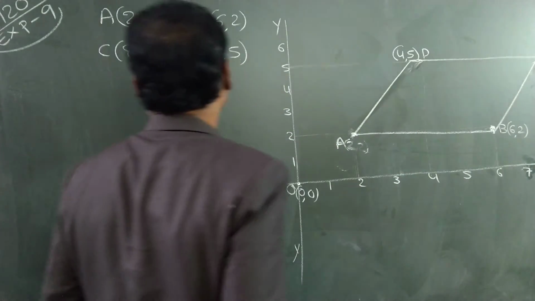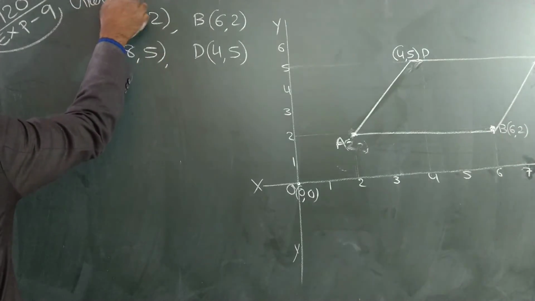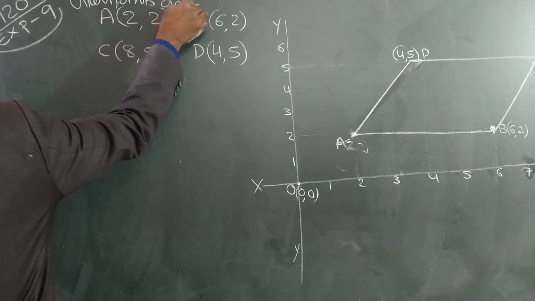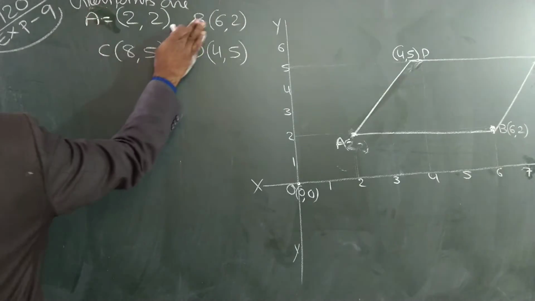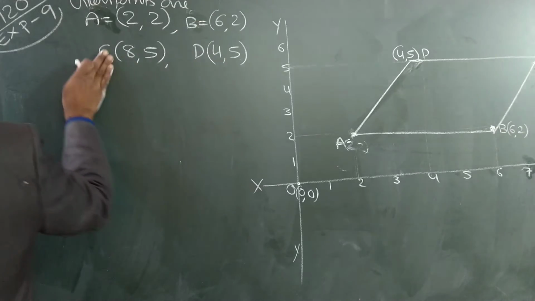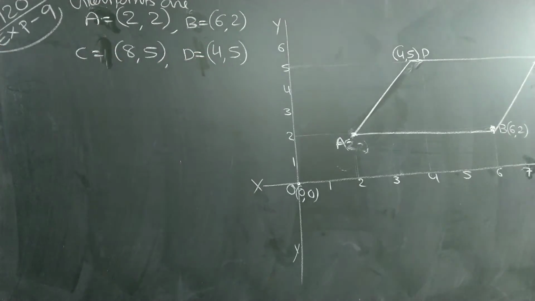Write down the given points once again. Given points are: A is equal to 2 comma 2, B is equal to 6 comma 2, C is equal to 8 comma 5, D is equal to 4 comma 5.